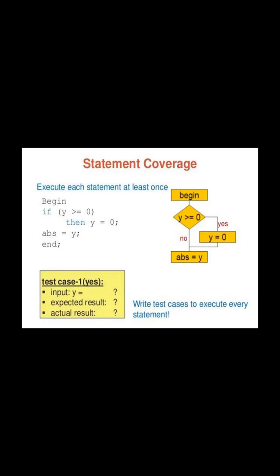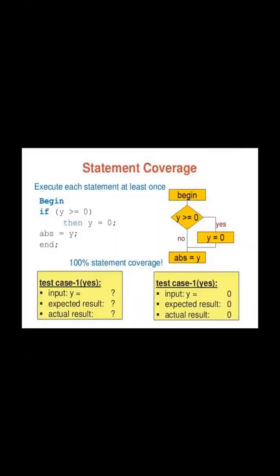What is the actual result? We will take the sample code, create the control flow graph, and assume the values for the variable y. And if you give the value of y as 0, what will be the expected result? What will be the actual result? That you need to remember. You can take any example code, take the corresponding flow graph, then assign the values for the variables, and check the actual result against the expected result.